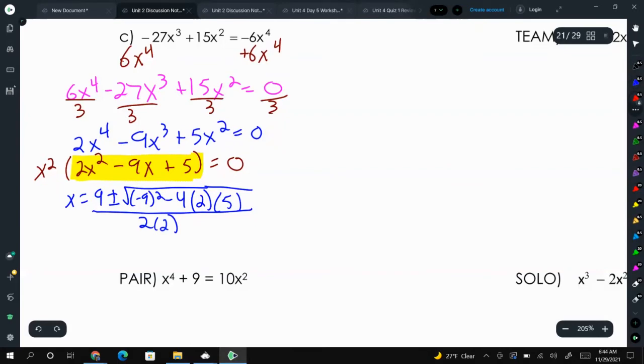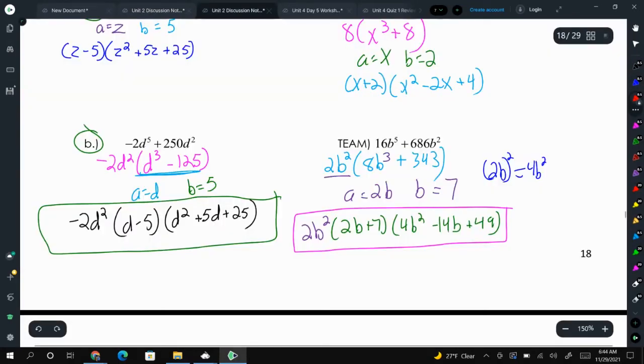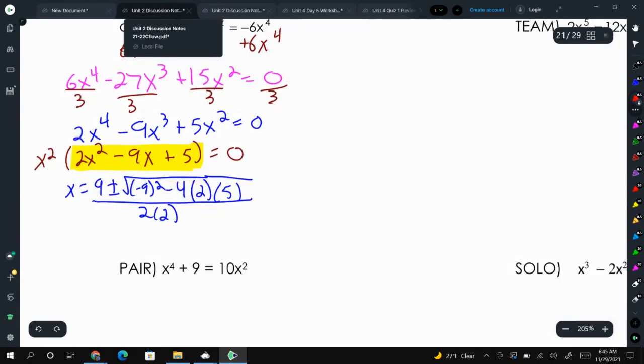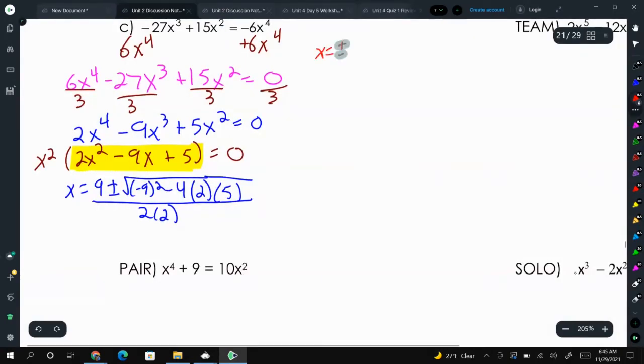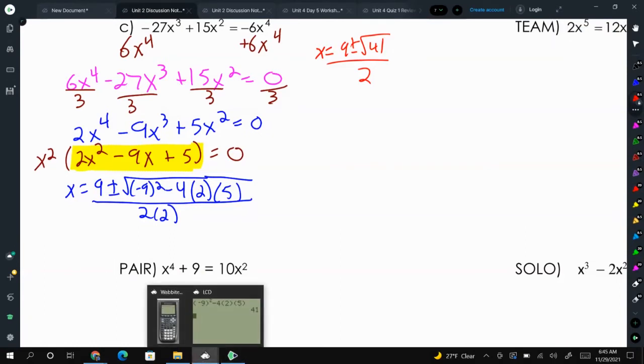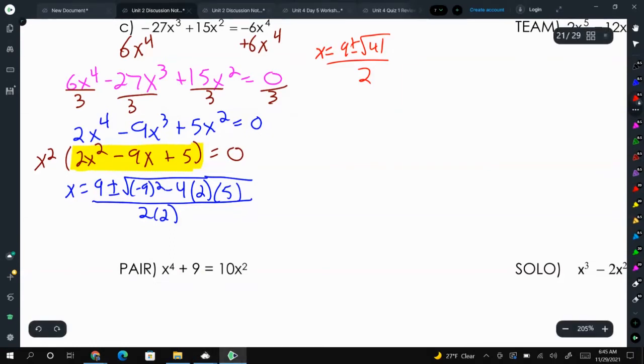So this is going to be x equals 9 plus or minus the square root of 41 over 2. Now, can we simplify that in any way? Well, the square root of 41 can't be broken down, so we're done there. And we can't divide anything out, so those are my two solutions.